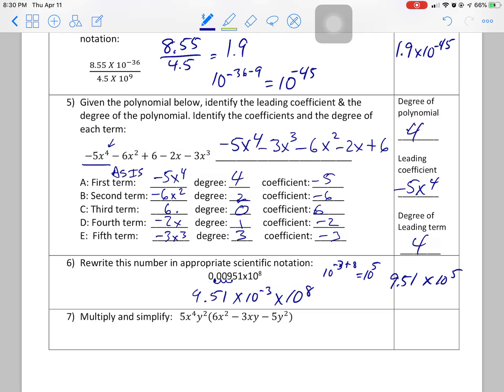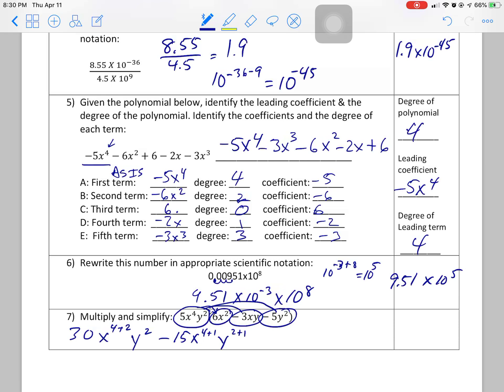Multiply. Okay, so all this here needs to be multiplied by this term right here. So 5 times 6 is 30. X to the 4th plus 2 needs to happen. Y to the 2. I'll come back to that. This one here, negative 15x to the 4th plus 1, y to the 2 plus 1.